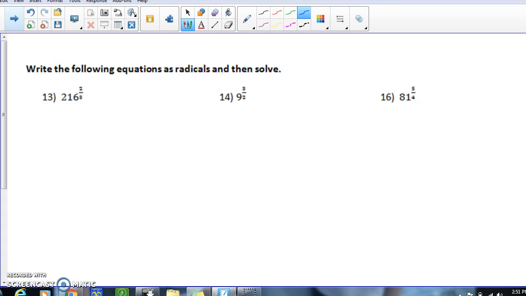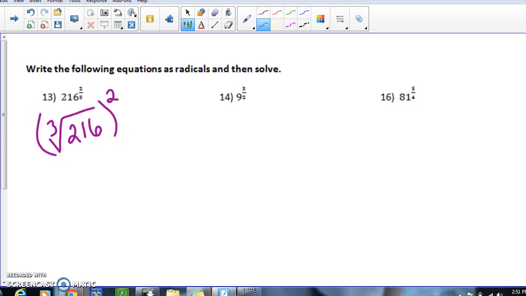Okay, so the first thing I'm going to do is reinterpret this into radical form. So 216 to the 2/3. That first of all means that it's the third root of 216, and then I'm going to square that answer.